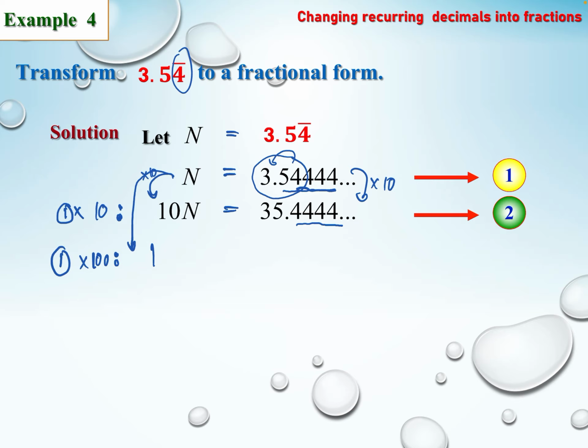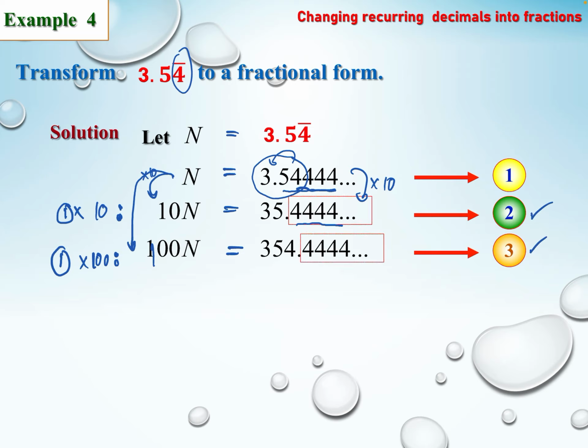In the left hand side, we will have 100n equal to, in the right hand side, we will have 354.44444. Let this become equation number 3. Then you take 3 and 2 together. Just take equation number 3 minus equation number 2.